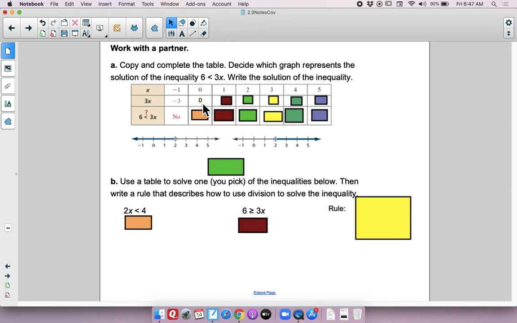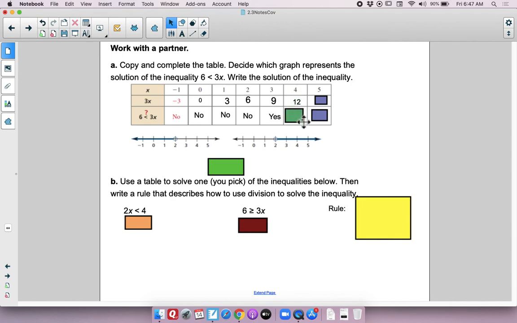All right, so hopefully you ended up getting 0 and no, 3 and no, 2 and no, sorry, 6 and no, 9 and yes. Notice here how 9 is greater than 6, or 6 is less than 9.